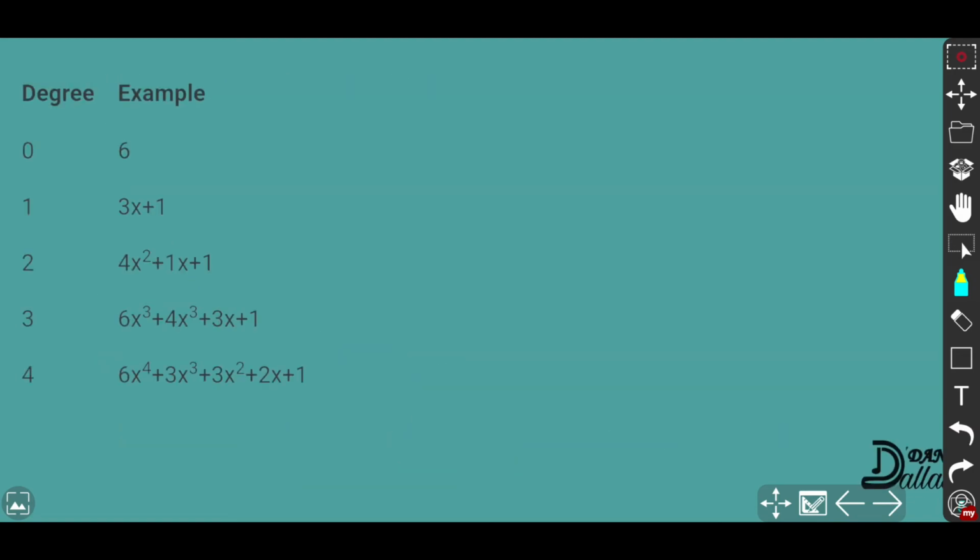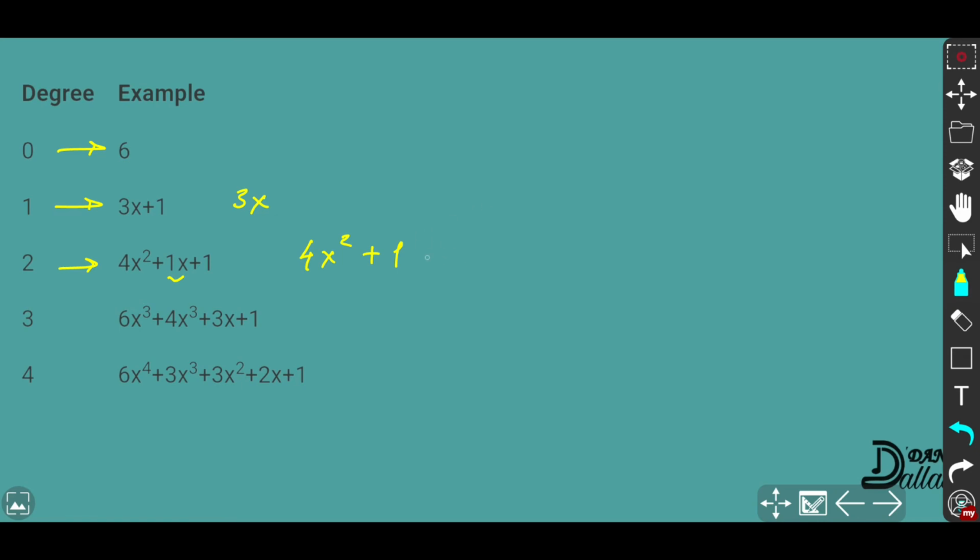And here are more definite examples. For example, for degree 0 you can just take one term. For degree 1 you can get 3x plus 1. Of course that might be a monomial, for example 3x, that's also the case. So for the power 2, instead of writing 4x squared plus 1x plus 1, you can take simply 4x squared plus 1. So this is a binomial, and simply this coefficient is 0 instead of 1.